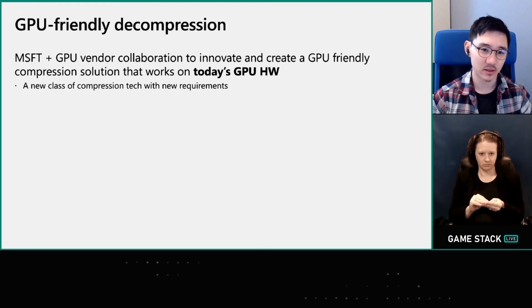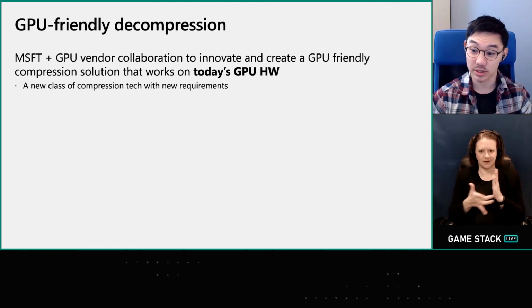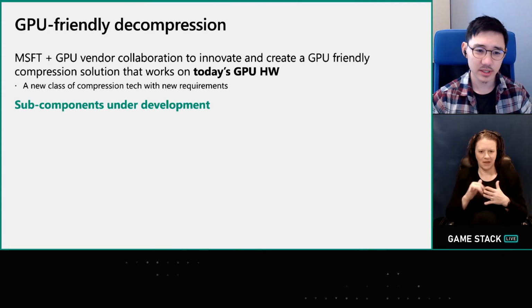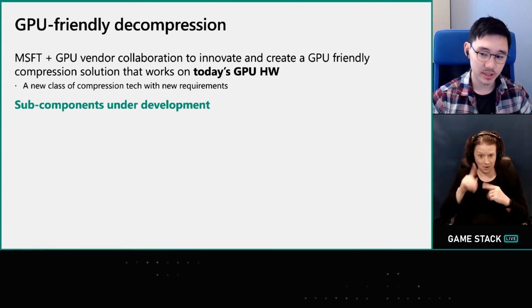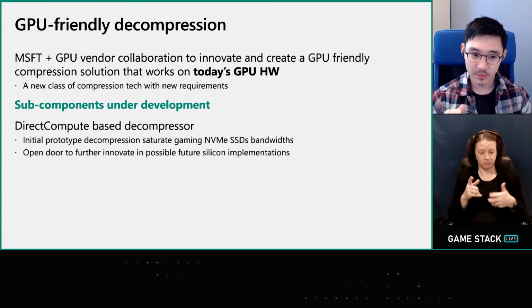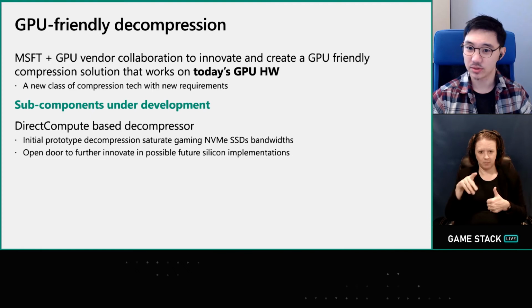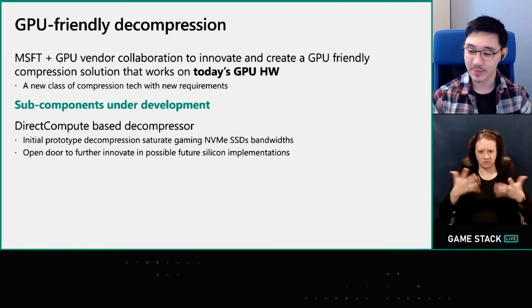Making a compression technology GPU-friendly, as it were, requires innovation in how the compression technology actually works. You don't really have to worry about that, but there are 3 components under development, essentially. There's a DirectCompute based decompressor that essentially allows us to run it on existing GPUs. There's an initial prototype that we have.